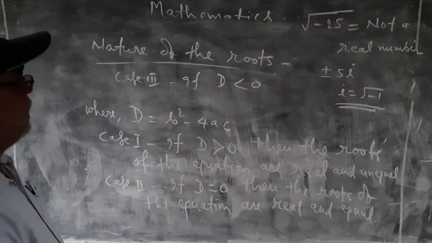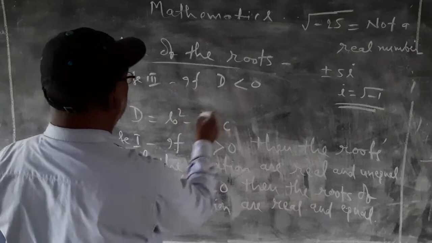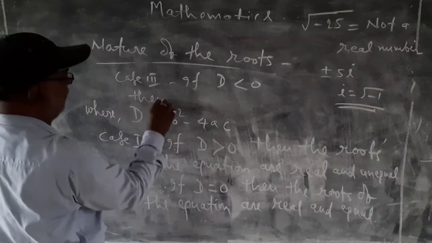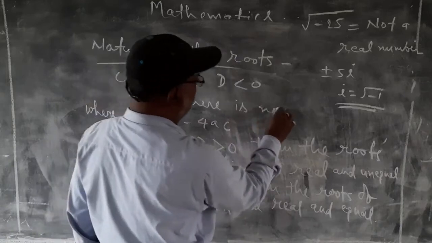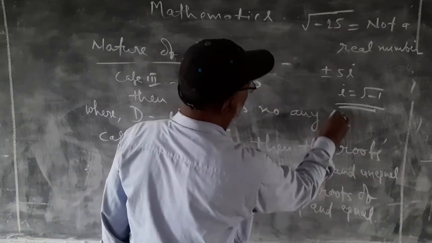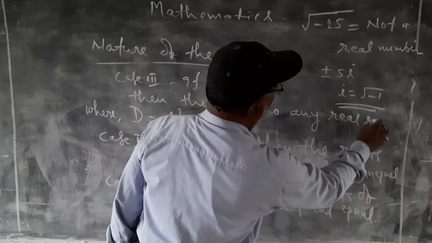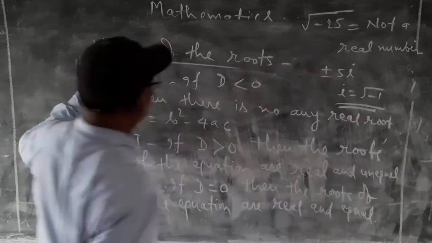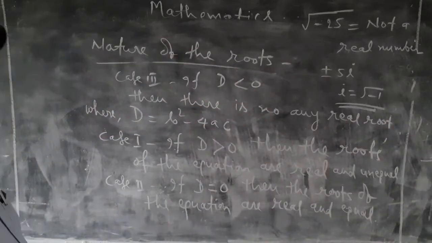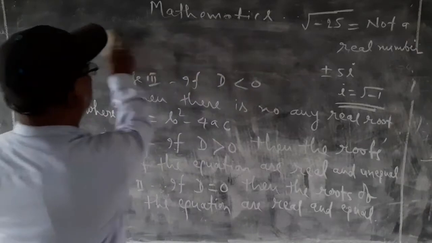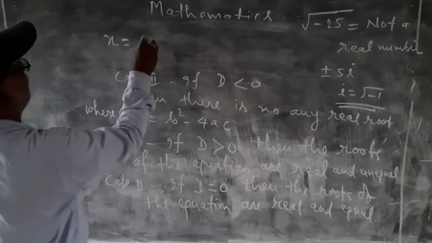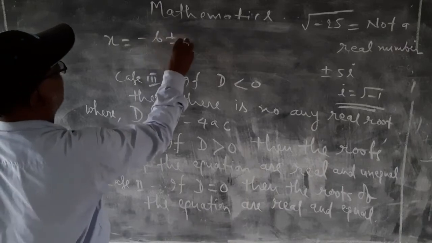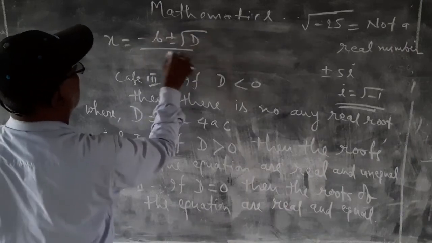This one is imaginary. Therefore, if d is less than 0, then there is no real root. In this case, as you have seen from the equation, the formula obtained is minus b plus minus root of b square minus 4ac by 2a.